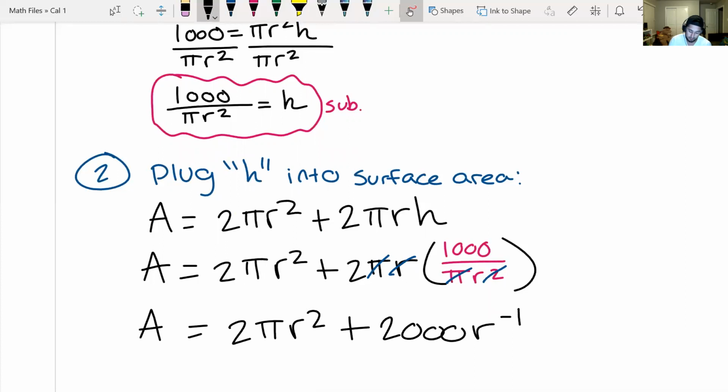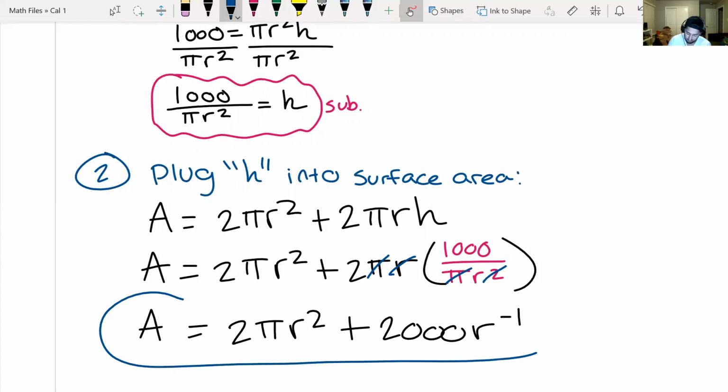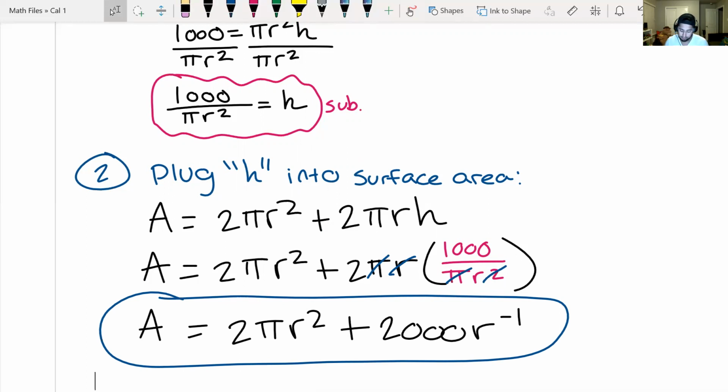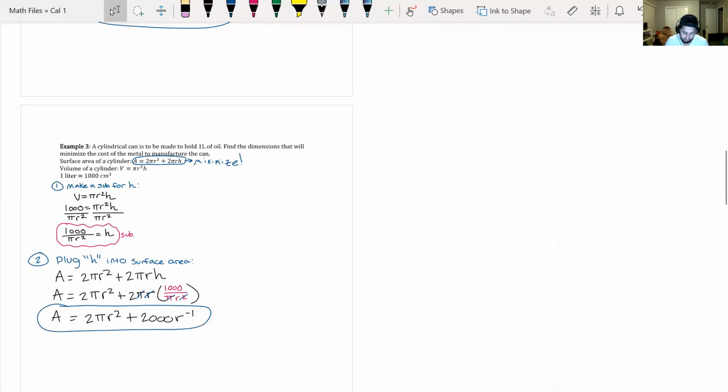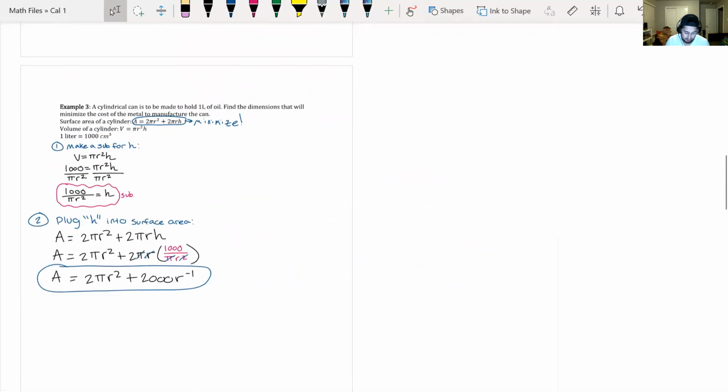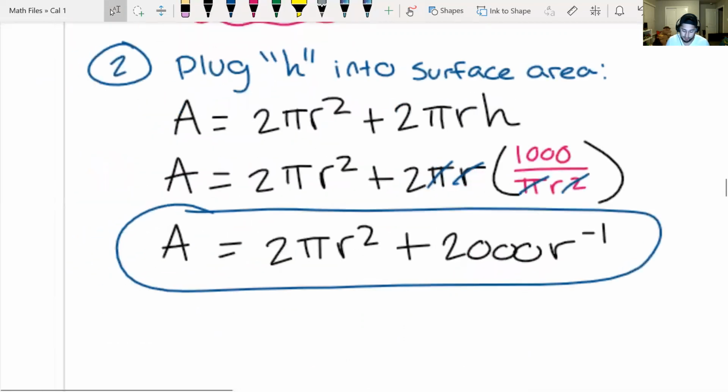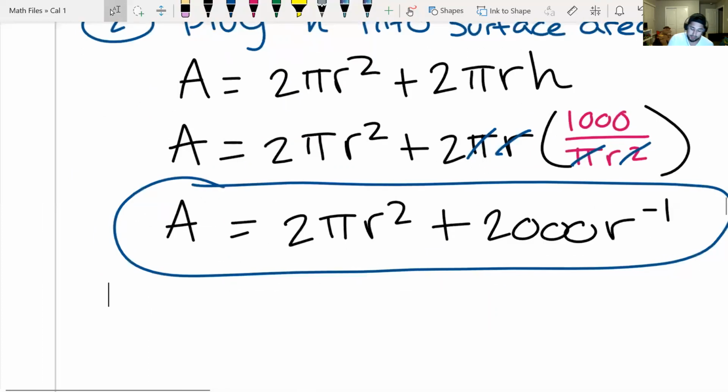That's it. This is our new surface area equation, all in terms of the same variable, and that variable happens to be r.